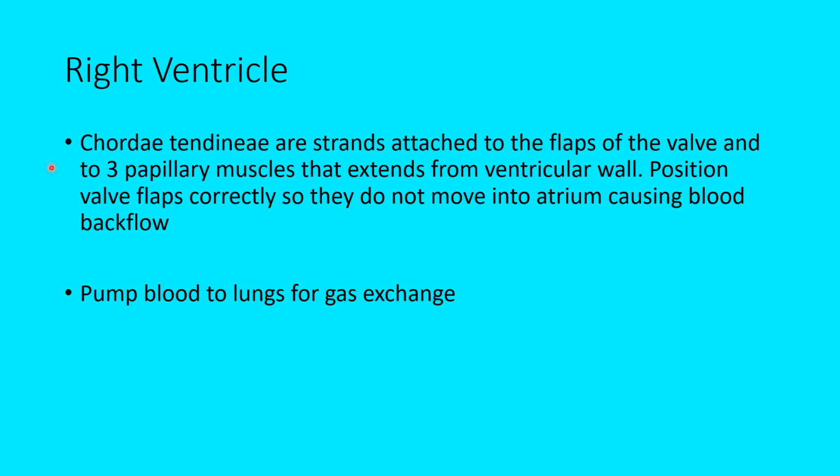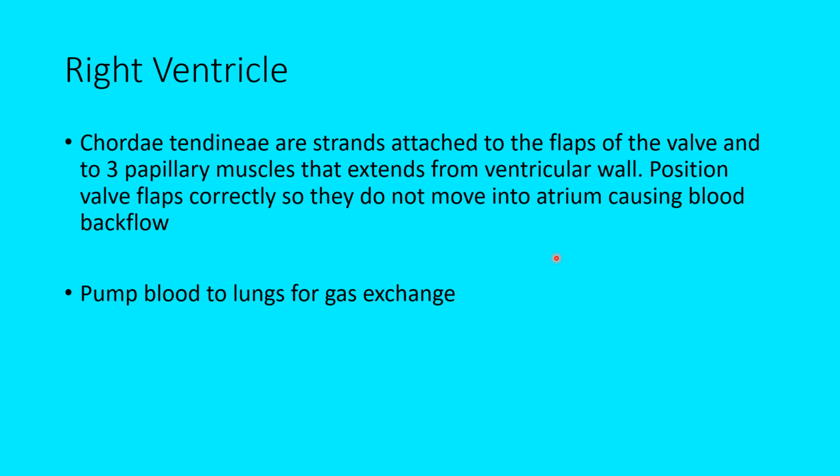Well, you have what are known as the chordae tendineae. And these are attached to the flaps, and the other end is attached to the papillary muscles. There's three of these. These papillary muscles are little extensions from the wall of the ventricle, and it helps to position those valve flaps correctly so that you don't want them to move back up into the atrium.